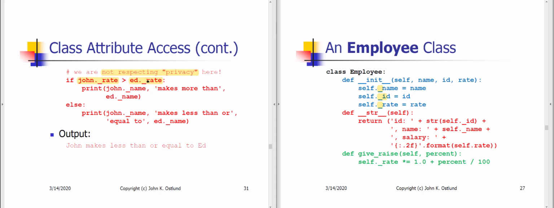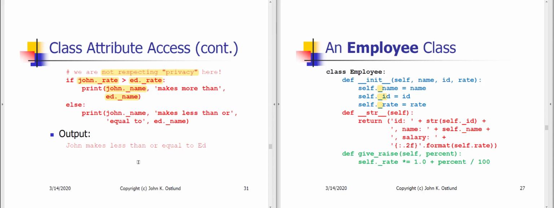If John's rate is greater than Ed's rate, we're going to say John makes more than Ed. And again, we're just going right to the supposedly private rate and name of the employee objects. And this code runs fine. If we try to do something like this in Java or C++ or C#, it would not compile.